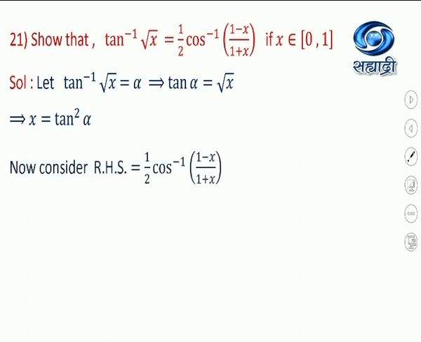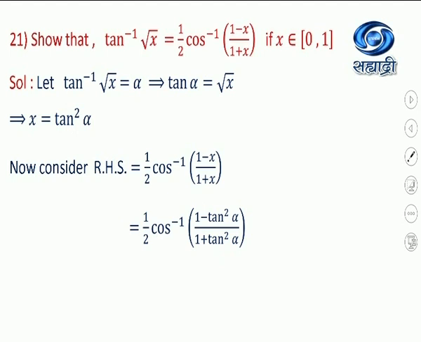Now consider RHS. This is 1 upon 2 cos inverse of (1 minus x) upon (1 plus x). Okay. Now 1 upon 2 we keep as it is. Cos inverse of, now see what is x? X is tan square alpha, that we put here in the bracket. So we have (1 minus tan square alpha) upon (1 plus tan square alpha).